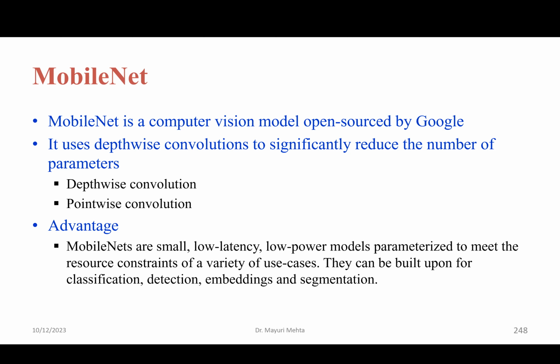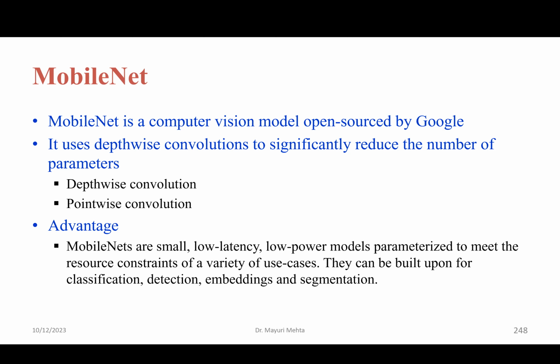The purpose was to create lightweight deep neural networks because for resource constrained applications, we cannot have deep neural networks which are heavy in computations. Sensors, for example, also have limited power.